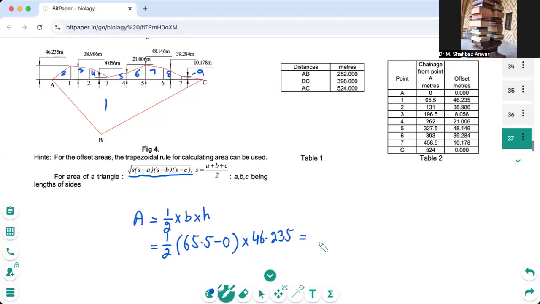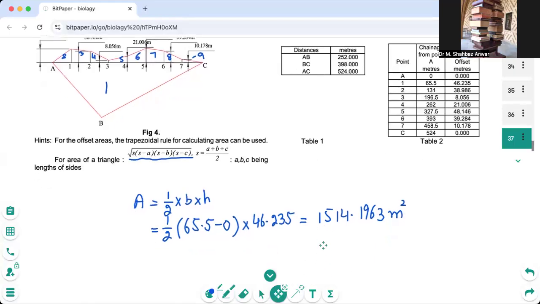So for the total area, you can use a calculator. The answer is 1514.1963 meter squares. Never forget to give units.